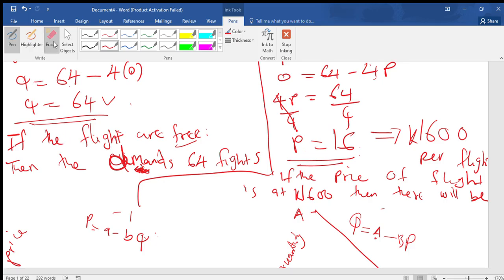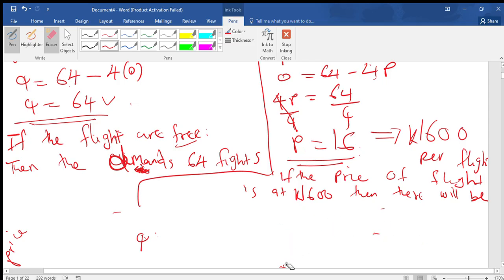That's what it means. So if we set the price to be 1600 per flight, we are going to experience no demand.